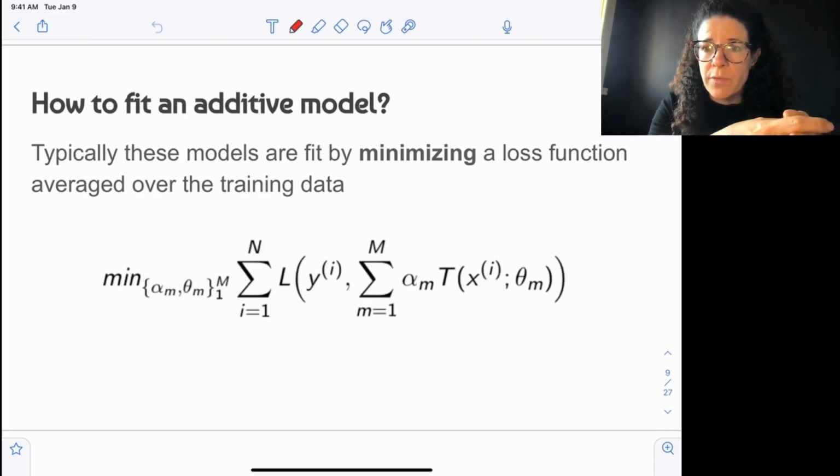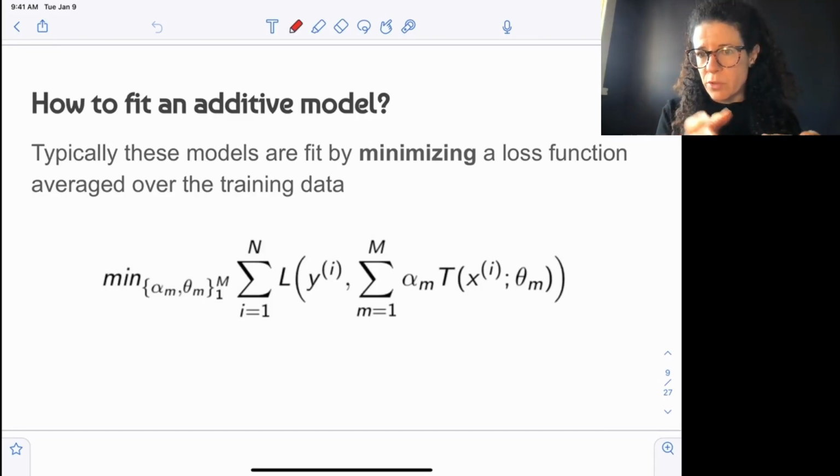We consider first a constant function, we fit that. Then we consider what is the best tree we can add to that function, and we fit that. We keep this constant and that tree fixed, and then we try to find the next tree that fits better, and so on. So we fit one tree at a time, keeping all the previously fitted functions or trees constant. That's basically what stage-wise additive modeling means.